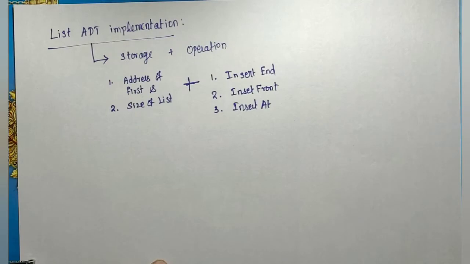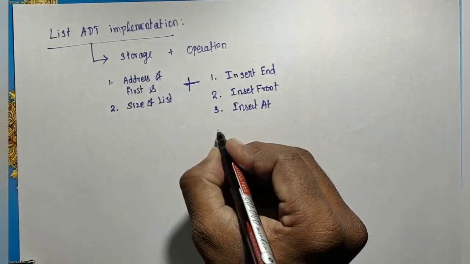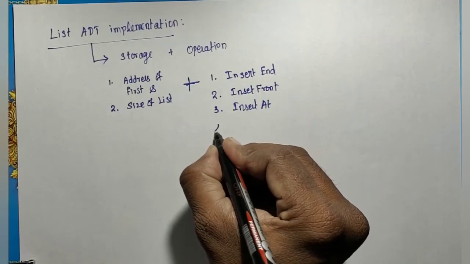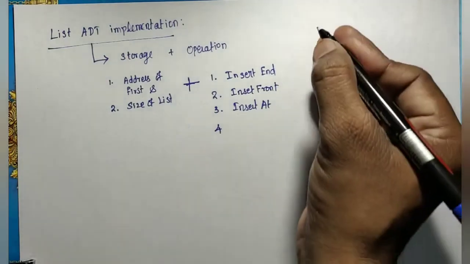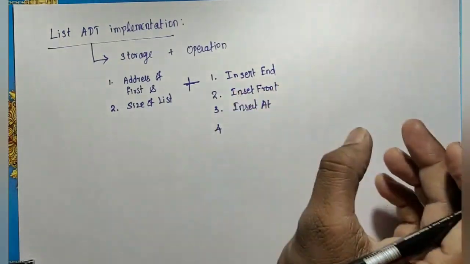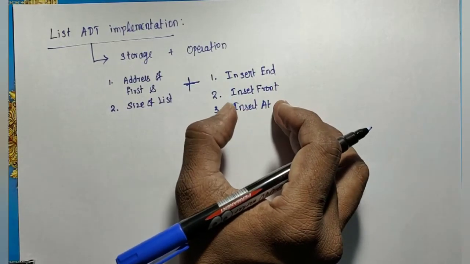In this position you add the fourth element, 15, in this location, fifth location, fourth location, like that. The location also you can send. Similarly, any kind of insertion you can add. Basically you start with insert end, insert front, and insert at.